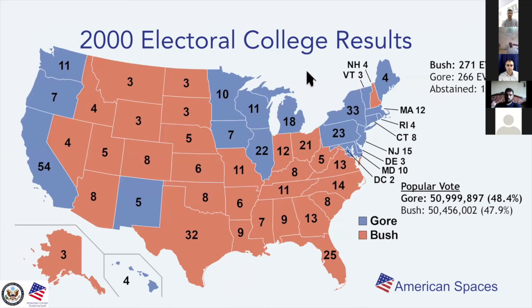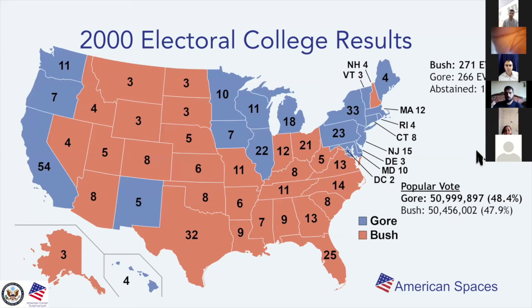So let's look at how this works out in practice. What we have here is the results of the 2000 Electoral College. And some of you may remember that this was a pretty contentious, very, very close election. Let's look down here at the popular vote.